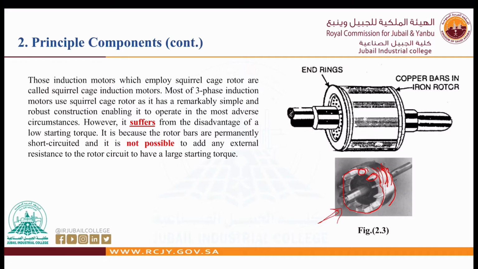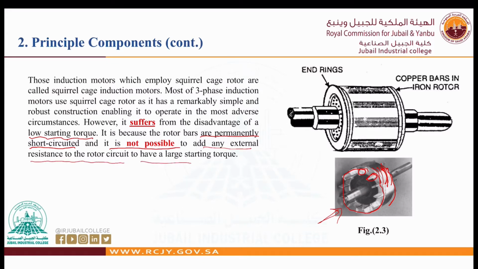However, the problem of squirrel cage induction motors is that they suffer from the disadvantage of low starting torque. This is a very serious problem because the rotor bars are permanently short circuited, and it is not possible to add any external resistance to the rotor circuit.